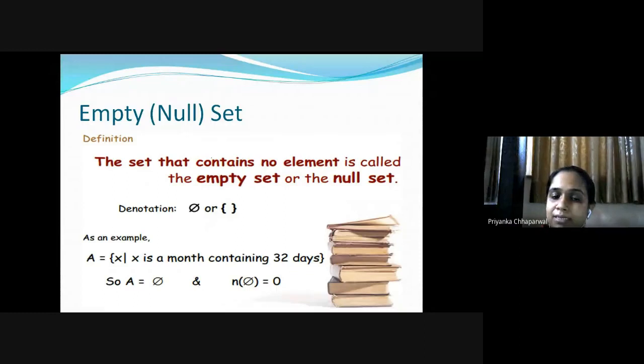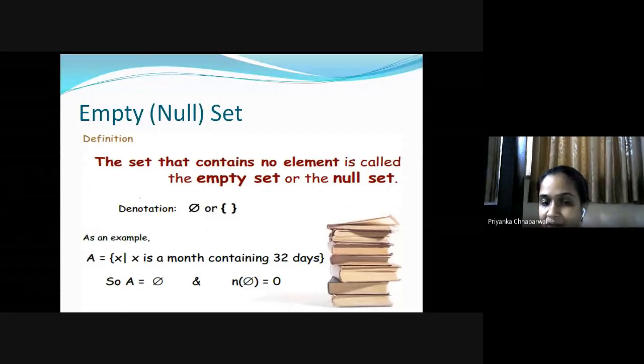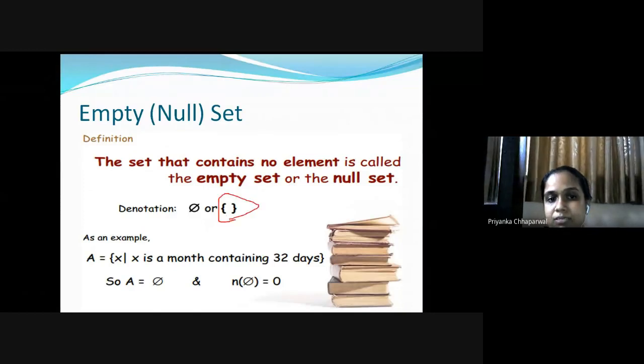When a set has no element, it is known as the empty set. It is denoted by phi, or by blank curly brackets. If I write just blank curly brackets, that is the notation of the empty set.